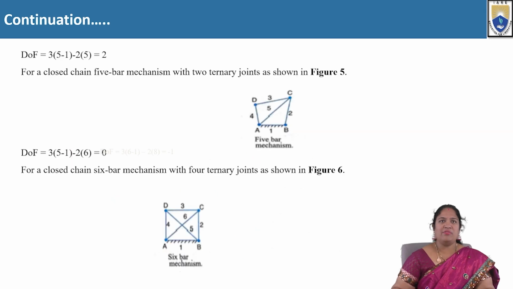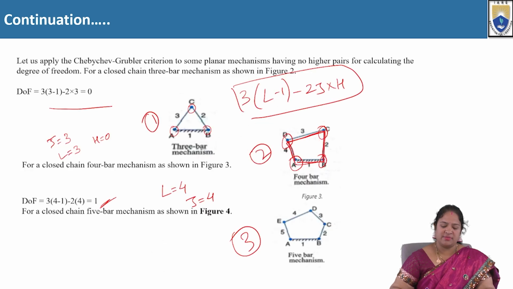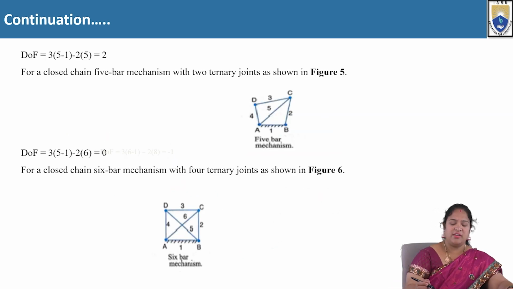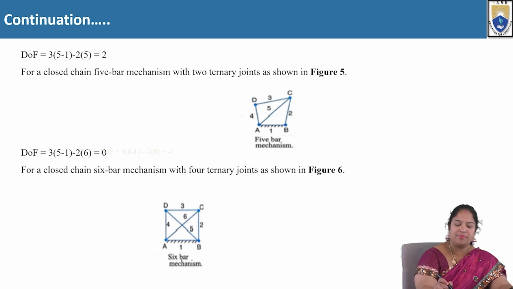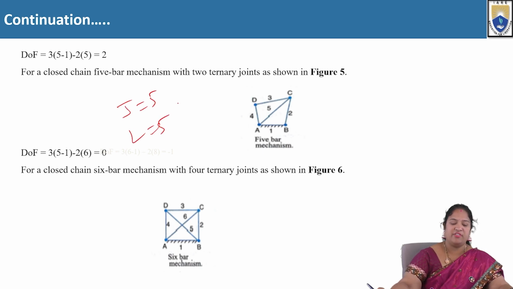How are we calculating for a 5-bar mechanism? How many links and how many joints do we have? The joints are 5 and the links are 5, right?